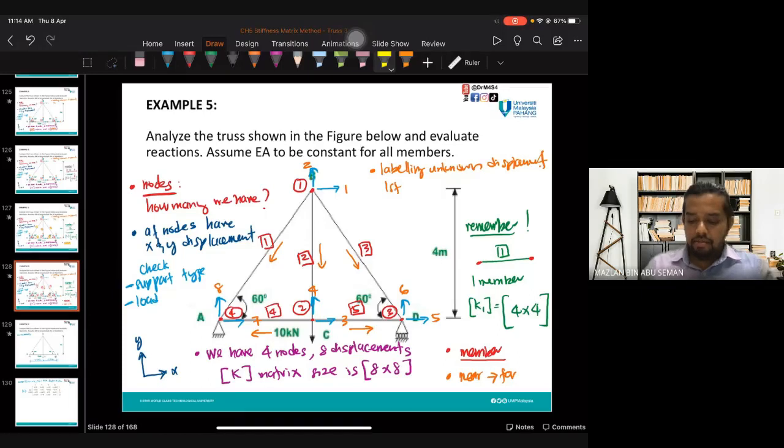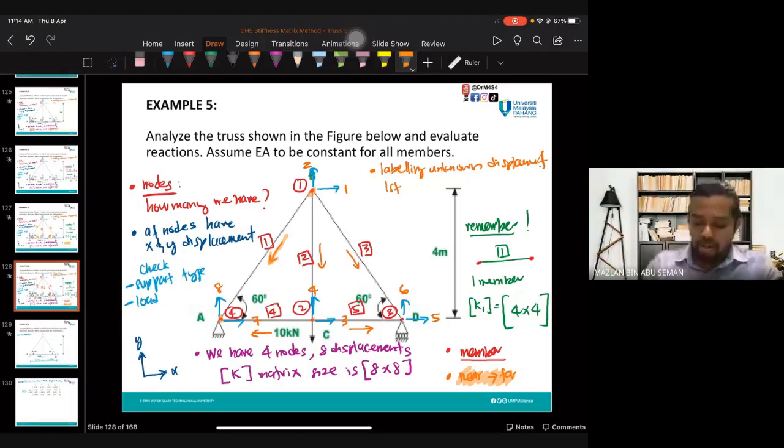Then near and far. For near and far, the near to far direction is from the lowest number to the highest number. So between node 1 and node 4, this is the near far direction.